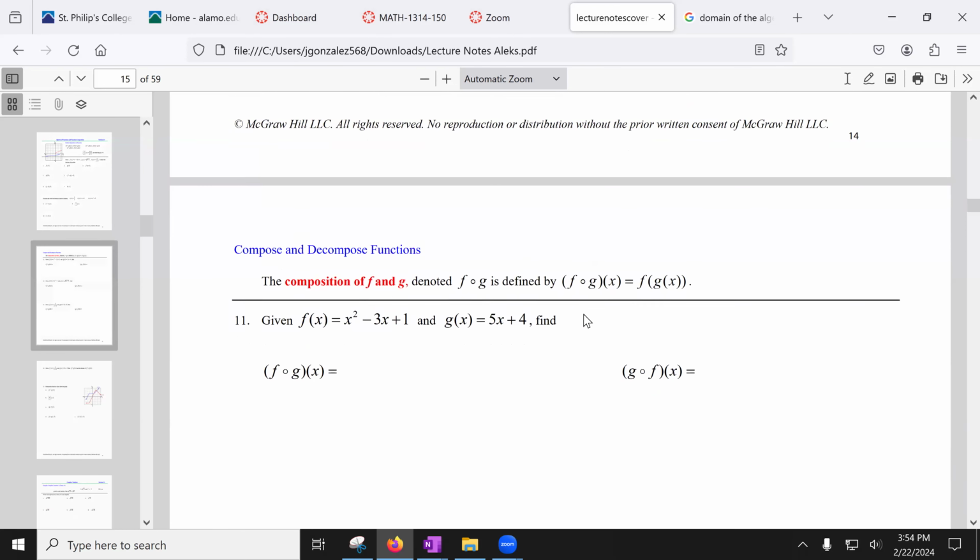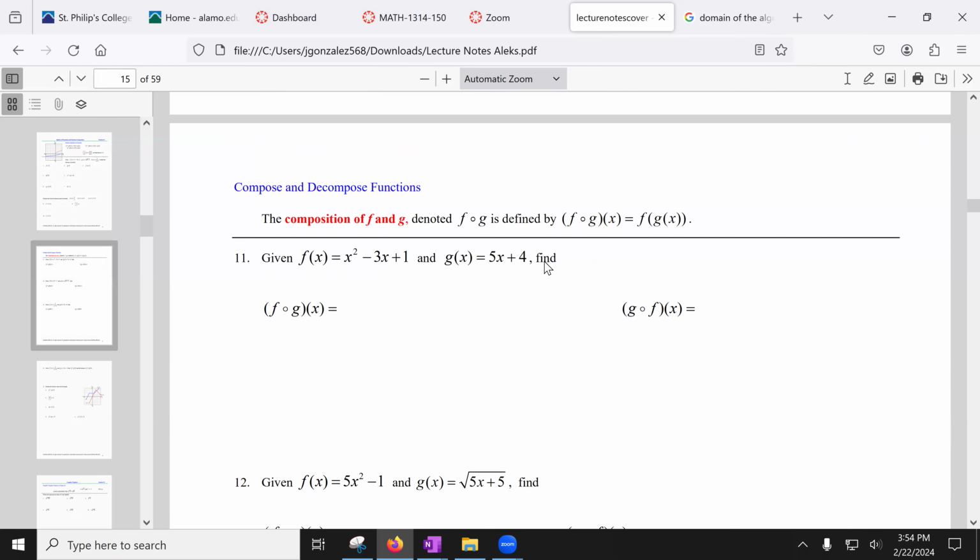The next thing I need to talk about is composition. See a little tiny circle.